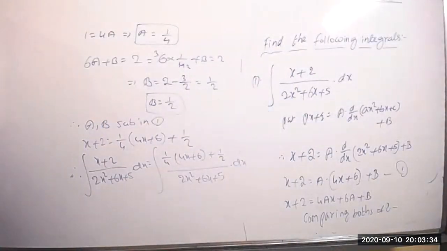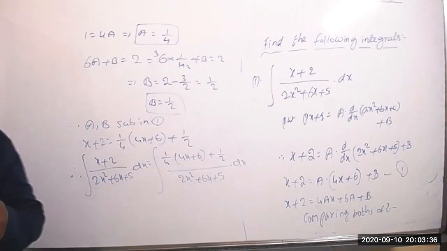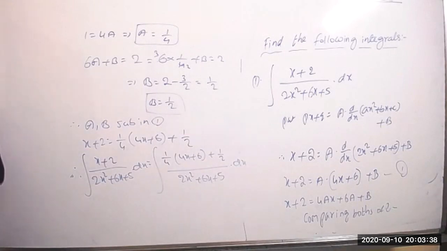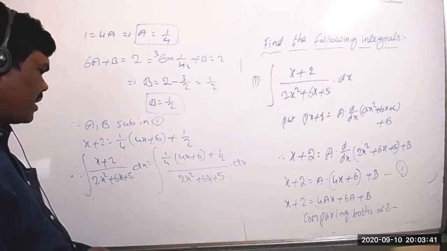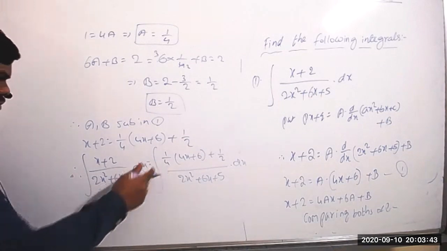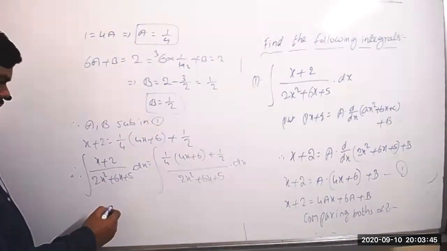Right now, write separately for this. Here 1 by 4 is the constant value, we can take it outside.